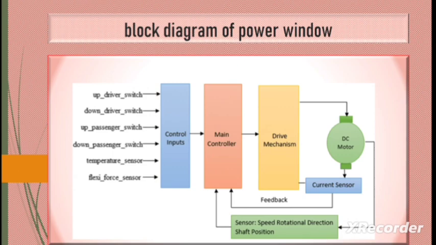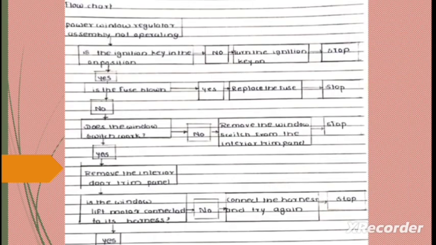The drive mechanism converts the motor's rotational motion into linear motion to raise or lower the window, and motor feedback provides information to ensure that the system is operating correctly. After that, we will see the flowchart of the power window.